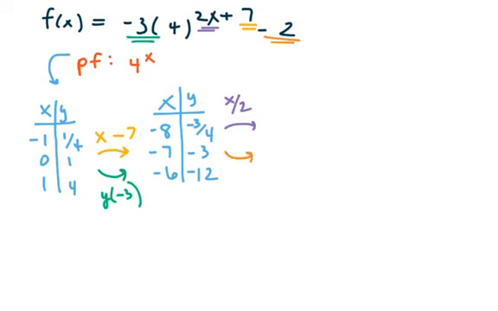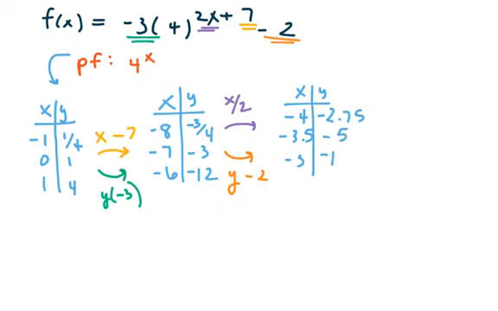It's happening to the y, so I'm going to do as it says and subtract 2. -8 divided by 2 is -4. -7 divided by 2 is -3.5. -6 divided by 2 is -3. Subtracting 2 from the y's, -0.75 minus 2 is -2.75. -3 minus 2 is -5. -12 minus 2 is -14.